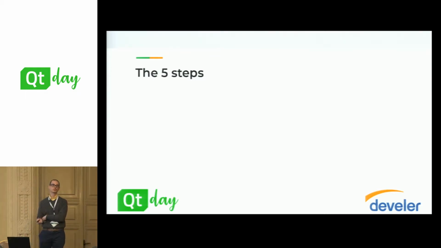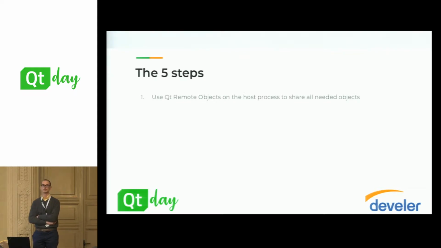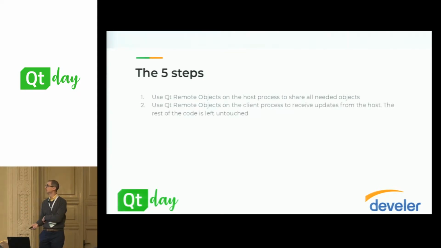If you want to remote your UI to a browser, first, you use Qt Remote Objects on the host process to share the needed objects. Then you use Qt Remote Objects on the client process to receive the updates from the host process. The important part is that the rest of the code is left untouched.